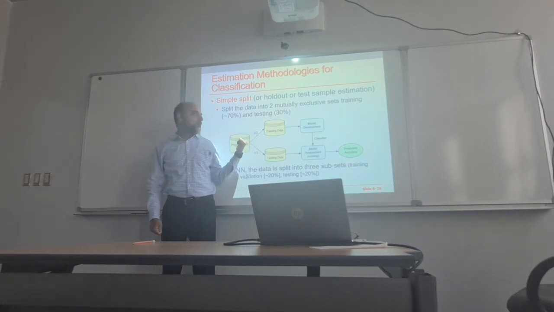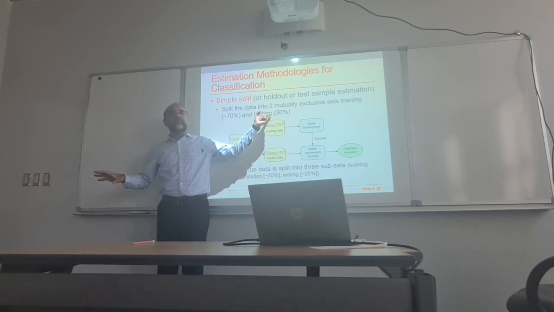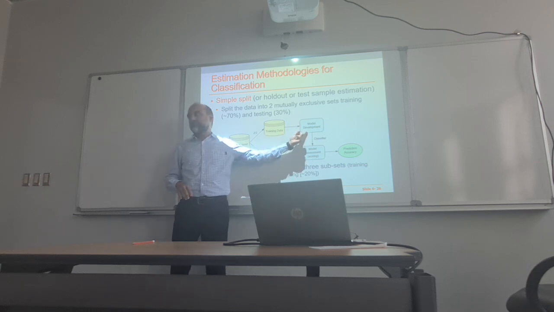So what we do in normal circumstances, we take the same data and divide it. Normally 70%, 30%, or 80%, 20%, something like this. We use this data to train the model, to fit the model.